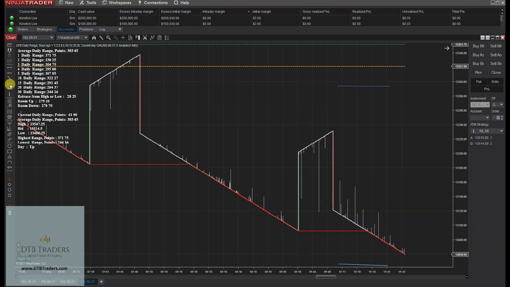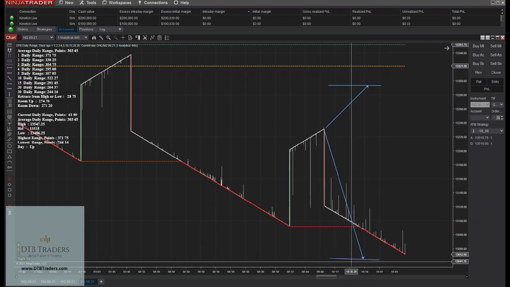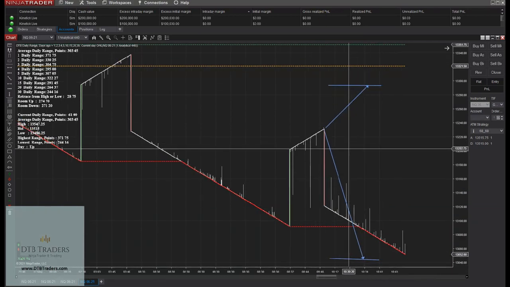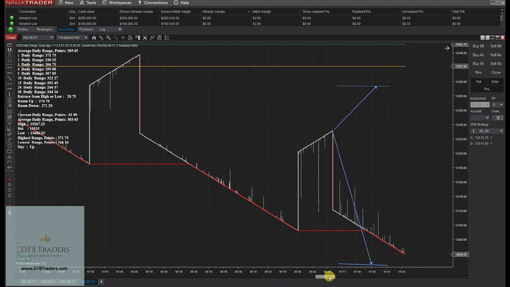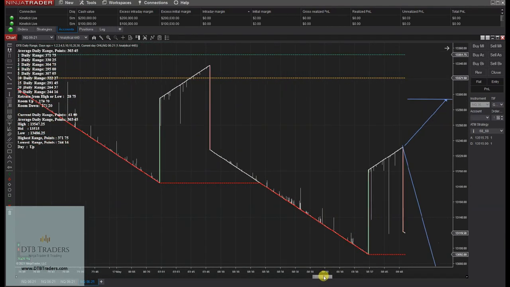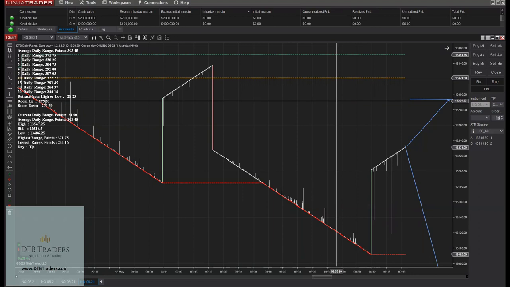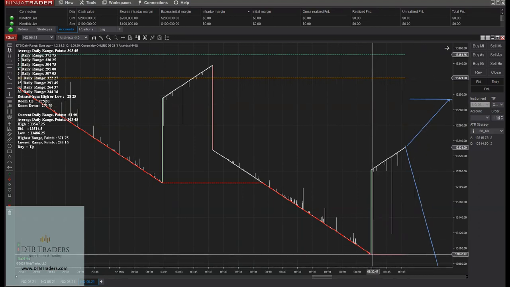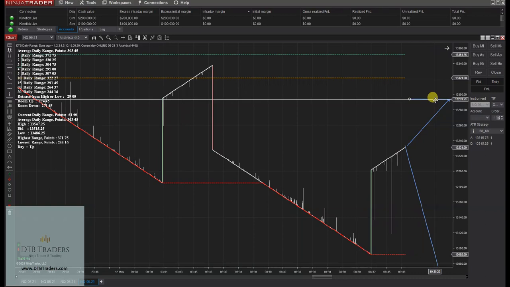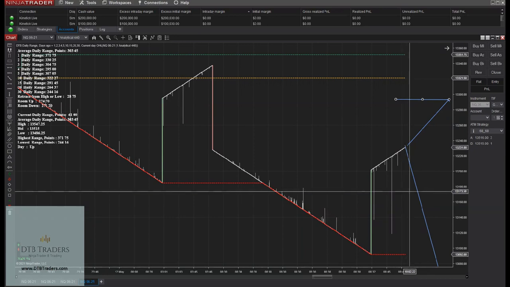So from wherever the price is of the day, it's either going to go up and hit the daily range, or it's going to come down and hit a point like that for the average daily range. If you were looking at a chart and this was the current price, you can draw this marker, and for the daily range, you can see from the low of the day to the high of the day, you can put that marker and say that's 303 points from the low of the day.